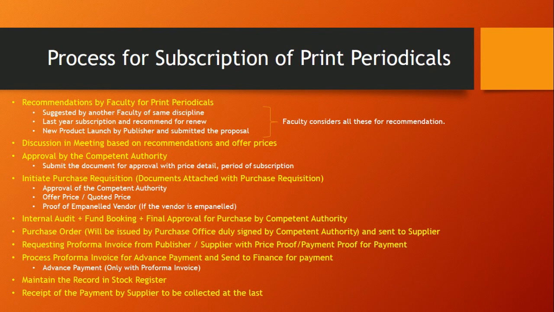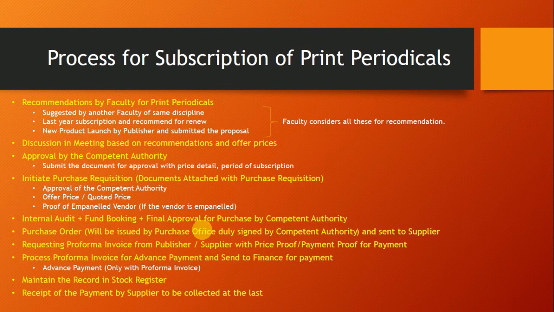You may have different vendors. So whatever list is prepared, it is ensured that the number of journals is distributed equally to all the impaneled vendors, and once it is done, again it goes to the internal audit, fund booking, and finally it is approved by the competent authority.